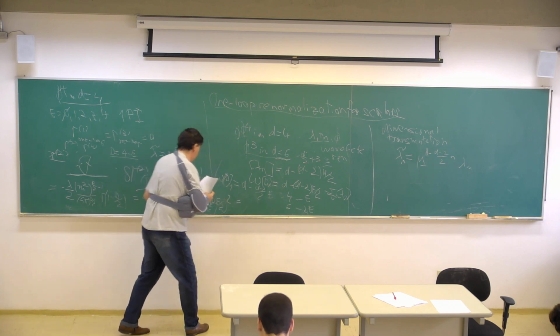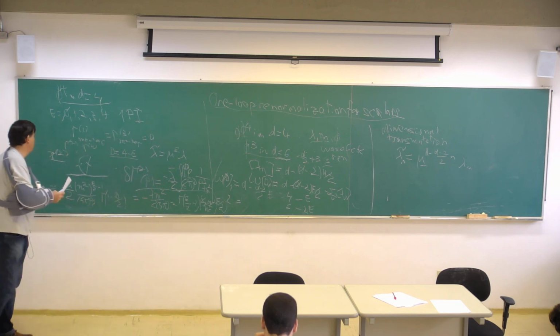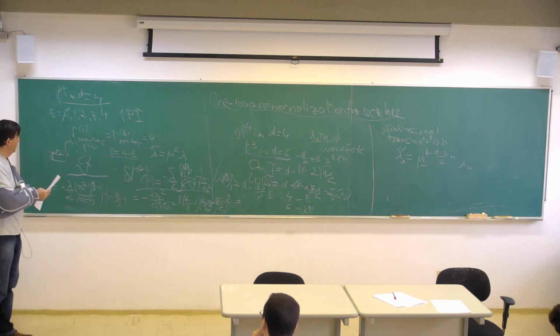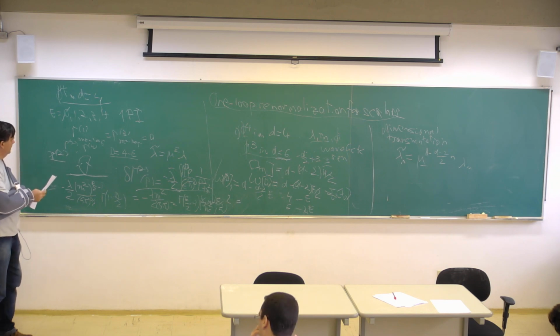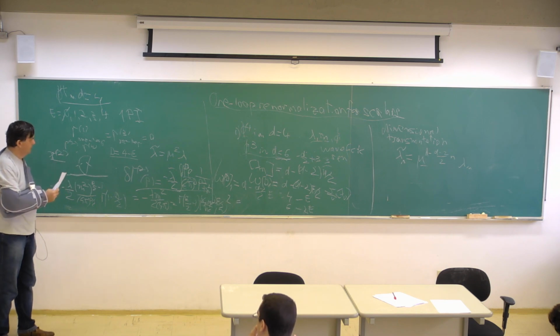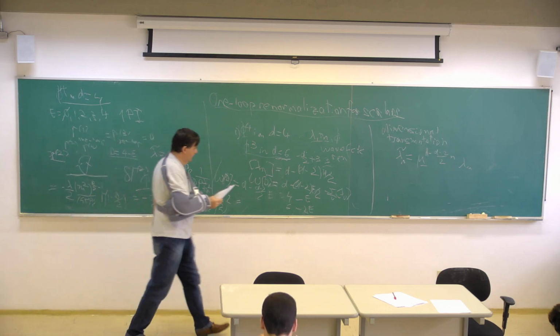All right. So this is the first divergent object that we want, gamma 2. The next, gamma 4.